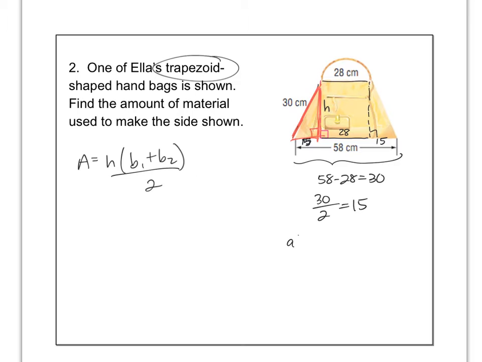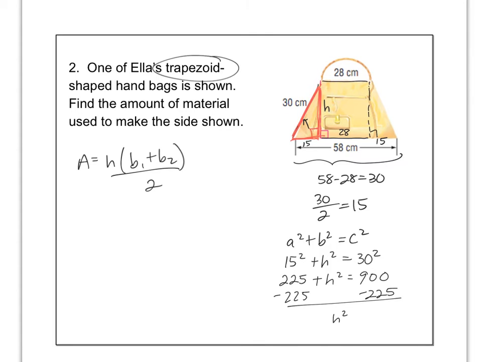So we can use a squared plus b squared equals c squared to find the height. I would go 15 squared plus h squared equals 30 squared. Remember, 30 has to be the longest side, the c, because it's across from the 90. So 15 squared is 225. H squared we don't know. 30 squared is 900, minus the 225, and you get h squared equals 675.